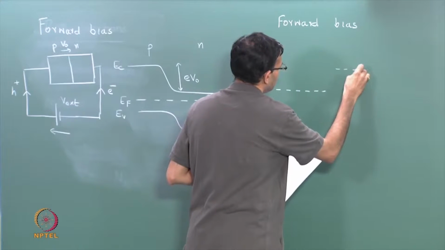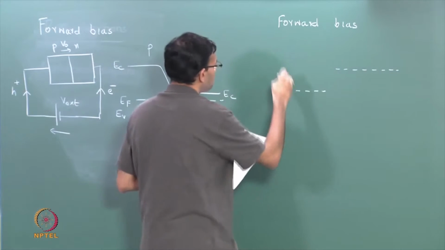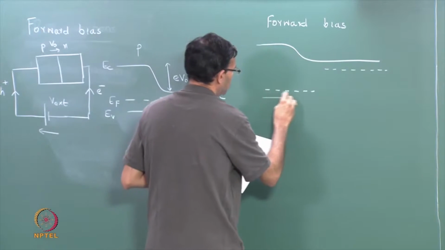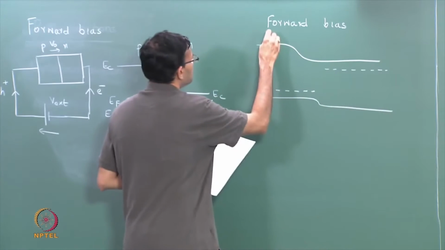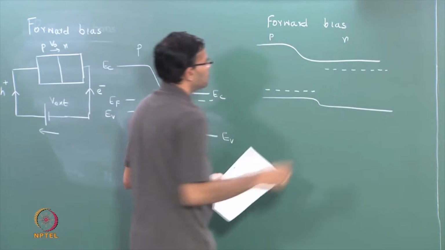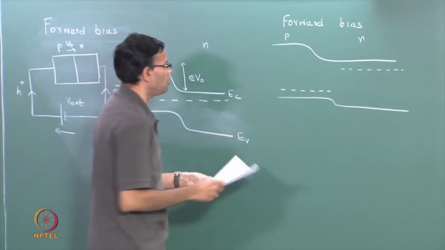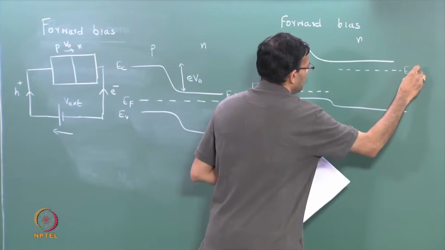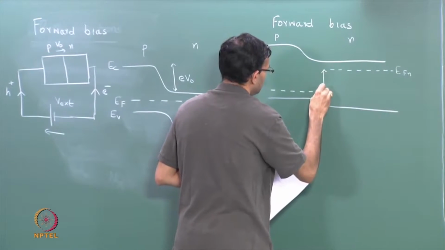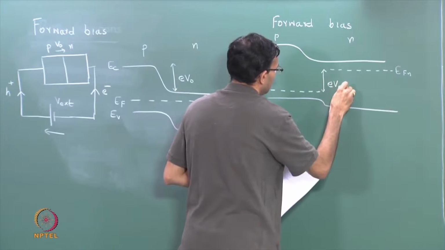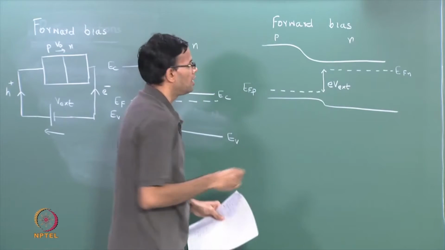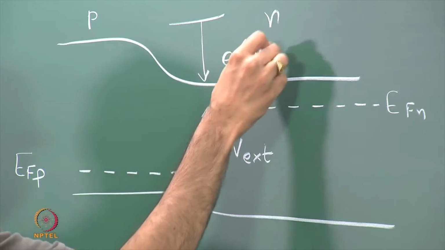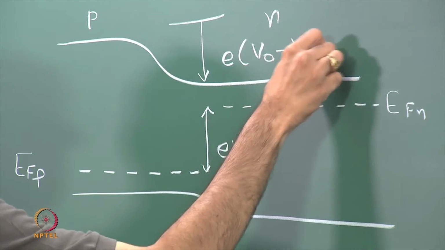Now my N side, the Fermi level has shifted up, so that the Fermi levels no longer line up, E F P, E F N. This shift is nothing but E times V external, and the barrier is E times V naught minus V external.